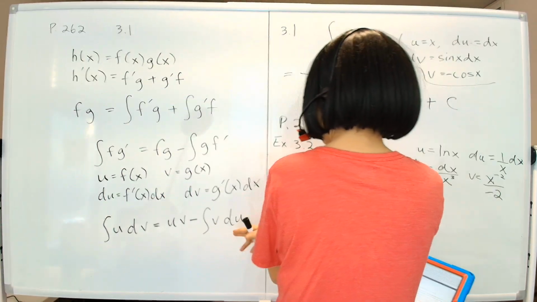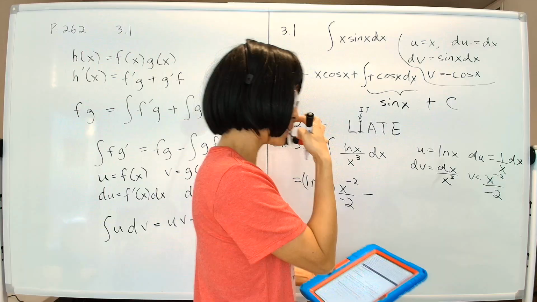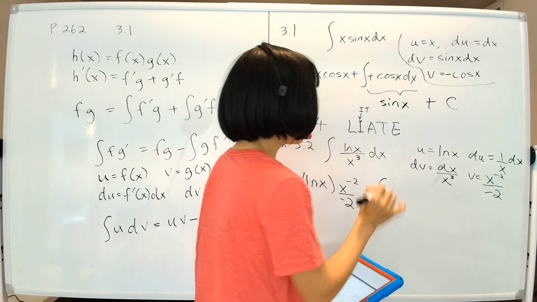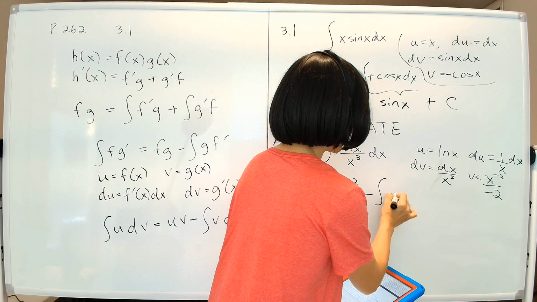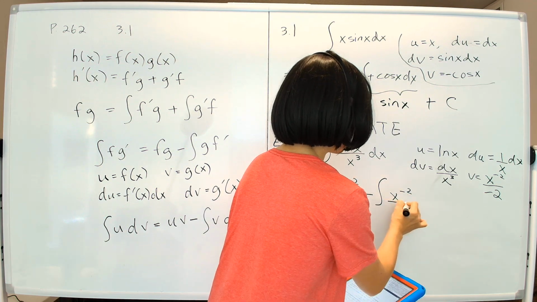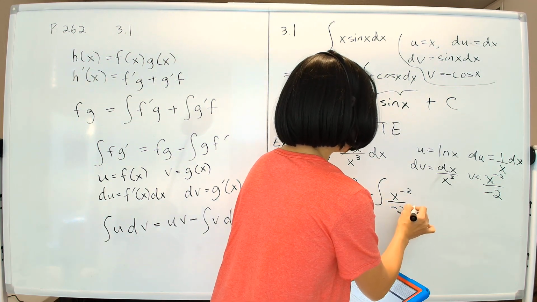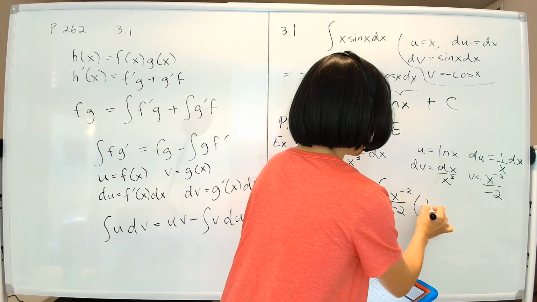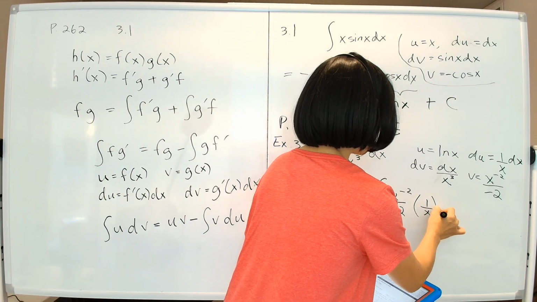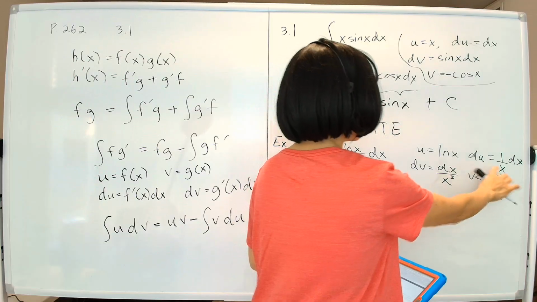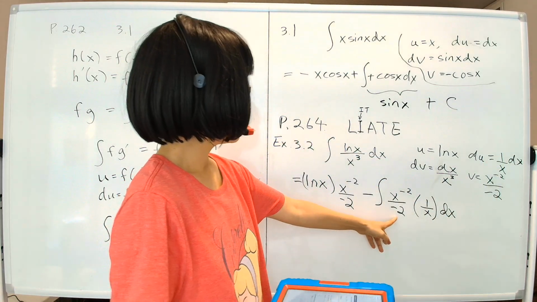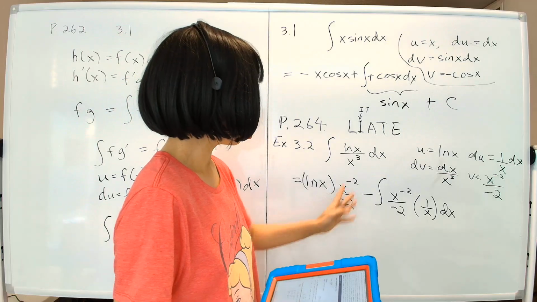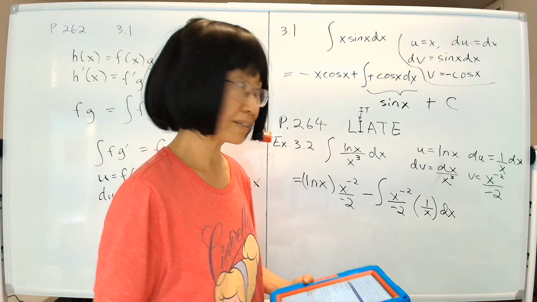That's what it says right here, or you can refer to the formula in your book. Anyway, we need to integrate v du, which is x to the power minus 2 over minus 2, and then du is 1 over x dx. That's v du, following the formula exactly and carefully, and not missing any negative signs.